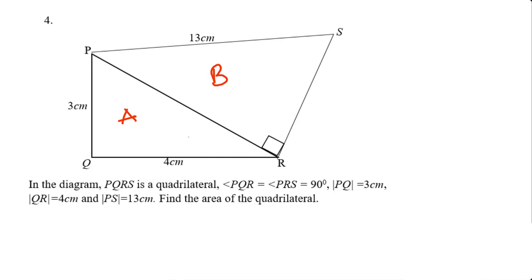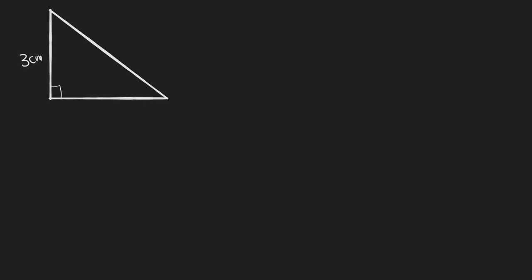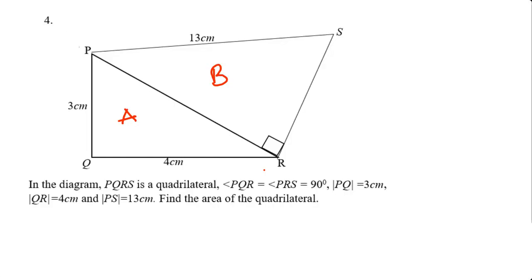So let's see. We're going to start with triangle A. So triangle A is something like this. Right angle here. Can you see? 3 centimeters here and 4 centimeters at the bottom. Remember that this is PQR, right?